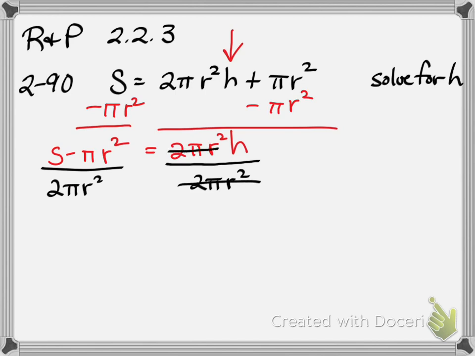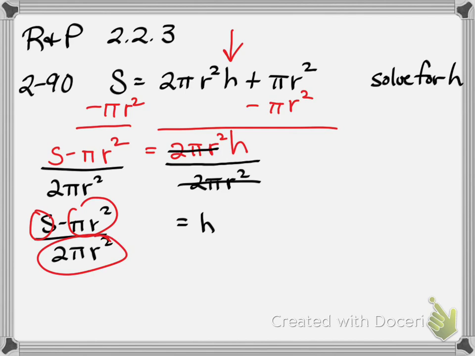And then that gets the h by itself. So it is now s minus pi r squared over 2 pi r squared. And you might be tempted to start marking things out, but you cannot, because there are 1, 2, 3 terms, and they don't all have a pi, and they don't all have an r squared, so you can't mark them out.